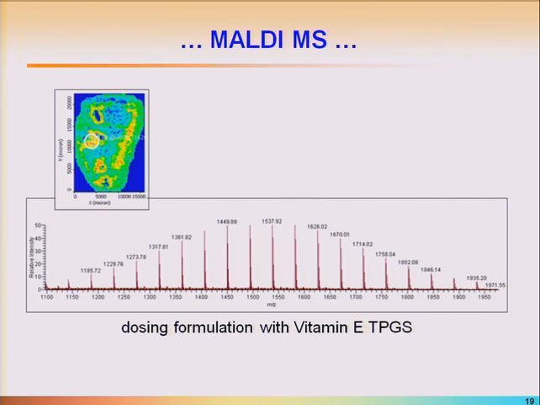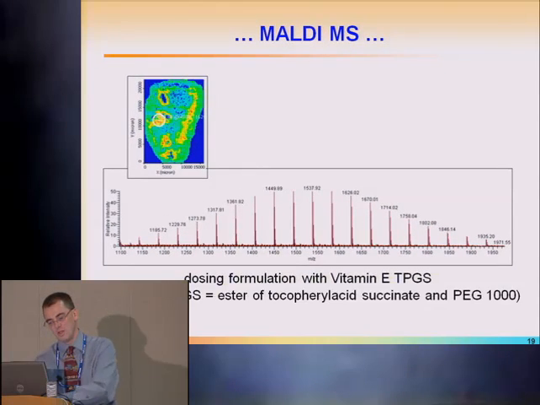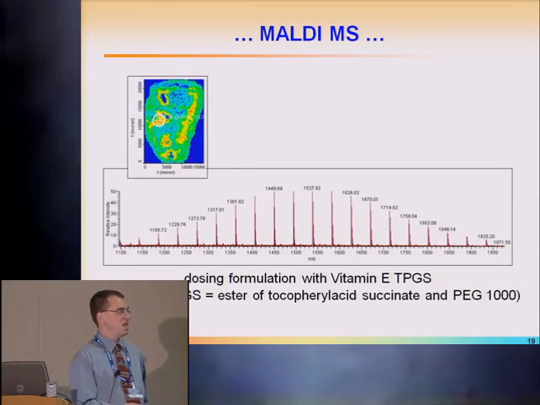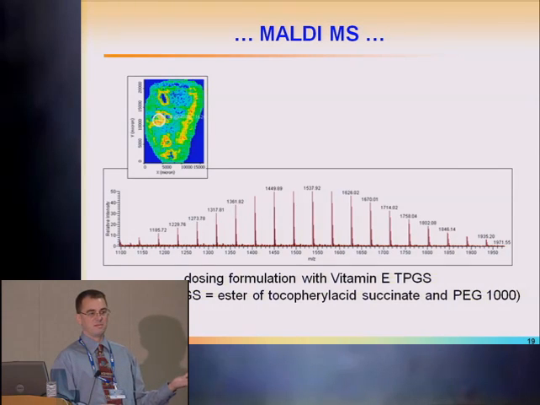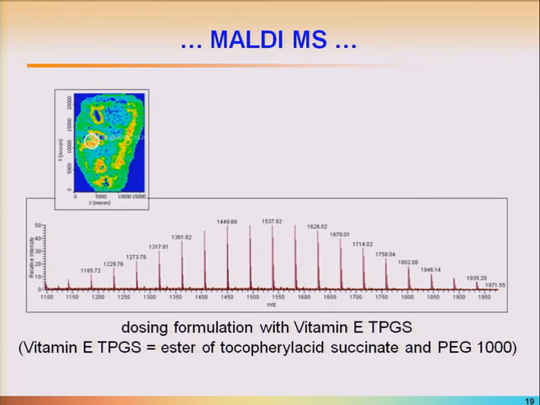I went back to the formulation chemist and said, I don't see the analyte of interest, but I see the PEG. And he said, no, I'm not dosing with PEG. We are using vitamin E TPGS. And looking into the literature, vitamin E TPGS is actually an ester with PEG 1000. So whatever they do, they cannot hide. We will find it.